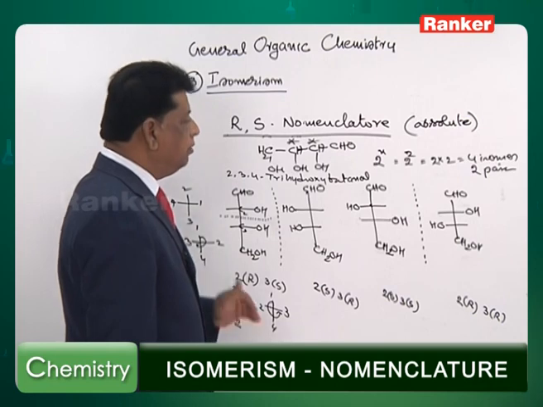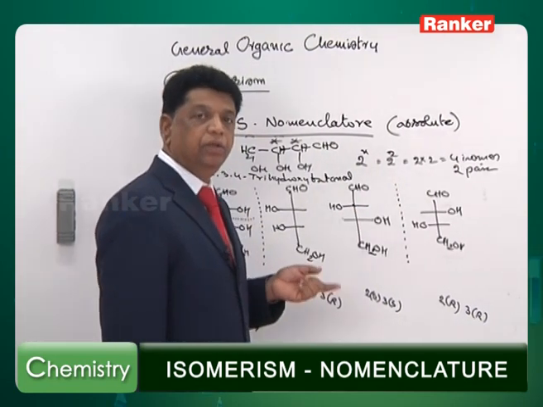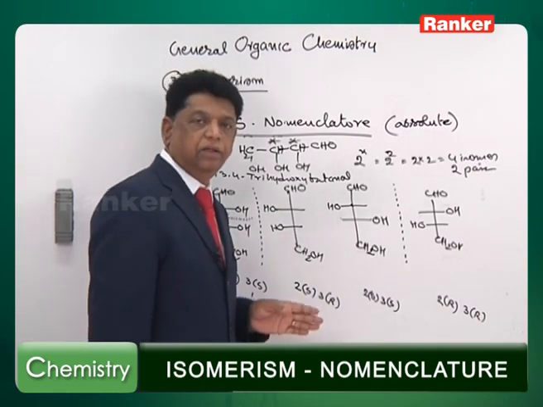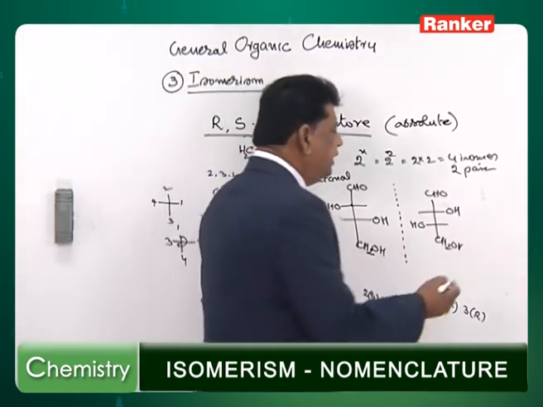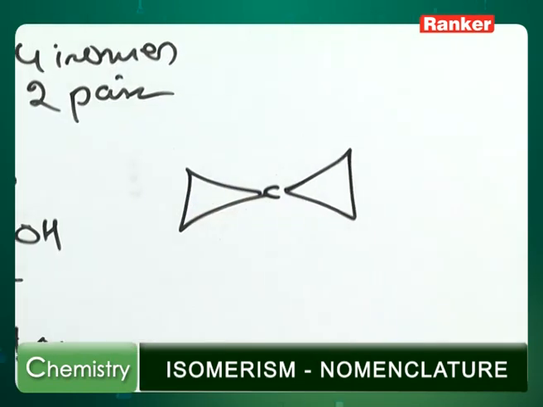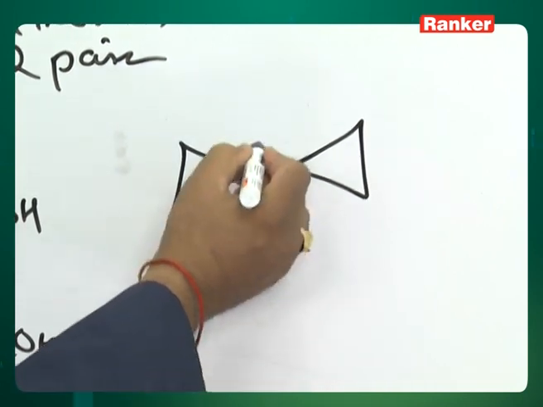If it is a Fisher model, the fourth group is better brought to the bottom or even to the top, that means the vertical line. The fourth preference group must be brought to the vertical line. Why? Two groups are towards you and two groups are going backside.